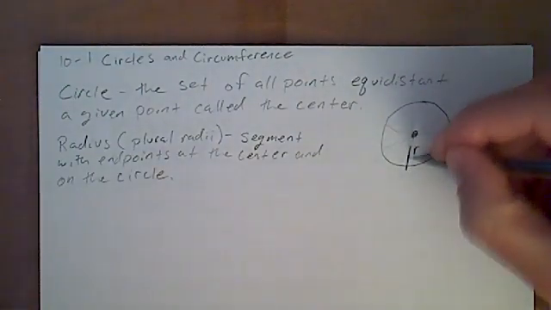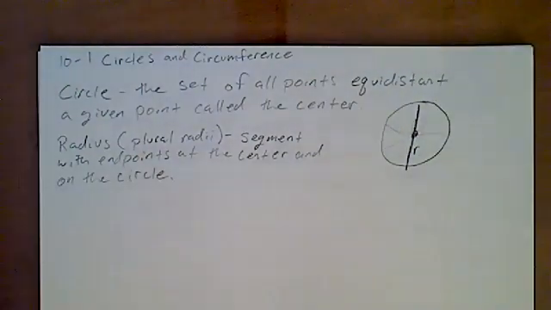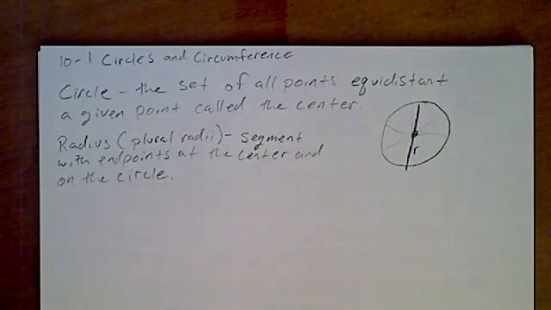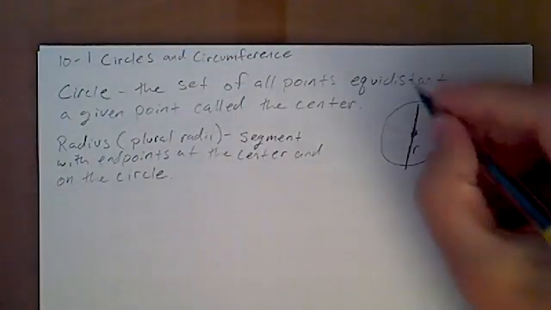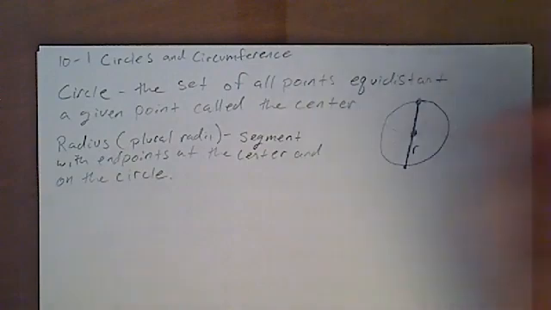What if you had a segment that went straight through the circle with endpoints on either side, on the circle, and it went through the center?